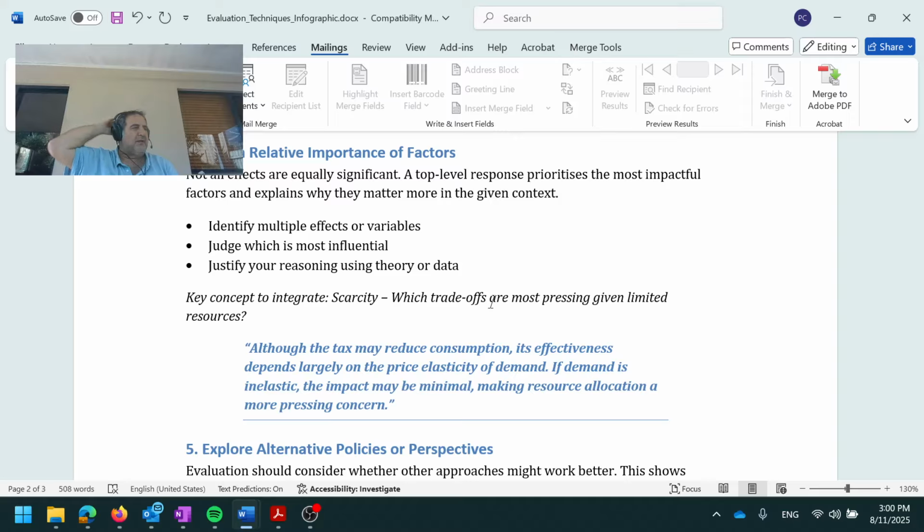So again, anything you can do to make their life easier, especially signposting, especially structuring your paragraphs based on themes, having a claim and counterclaim, this is all really good stuff to score well on evaluation. So just weigh up the significance of the consequences that you're looking at. That's a very good thing to do.